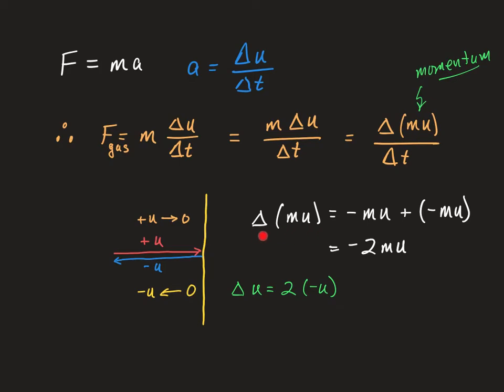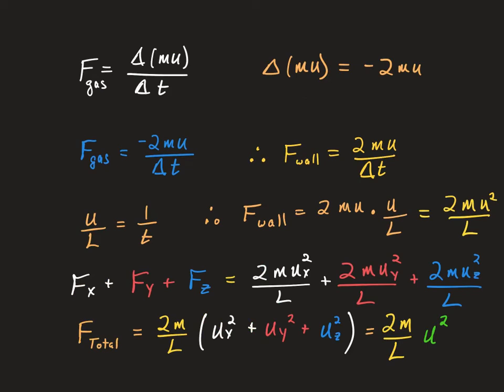So the change in momentum is negative 2 times the mass times the average speed, in this case specifically, right, in the x direction, right? We're only talking about movement at the moment in the x direction. But we could do the same kind of analysis in both the y and the z direction, right? So this could be done for all 3 vectors that we determined for the single speed vector.